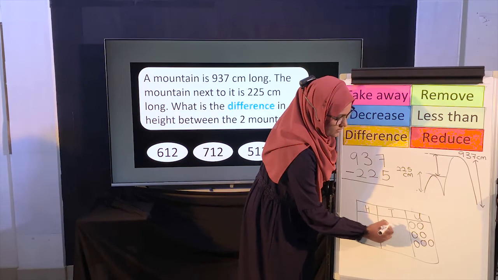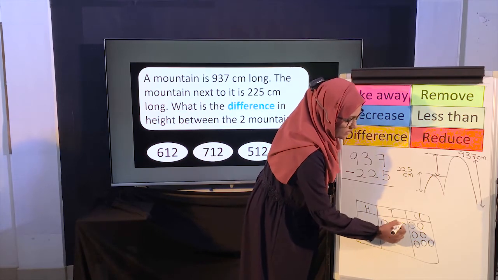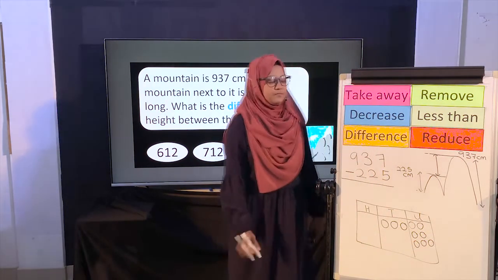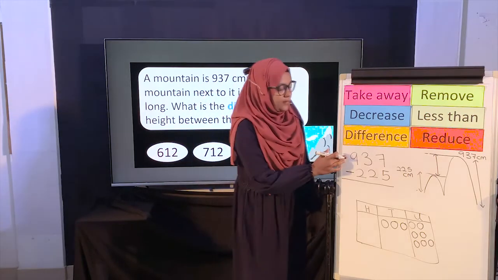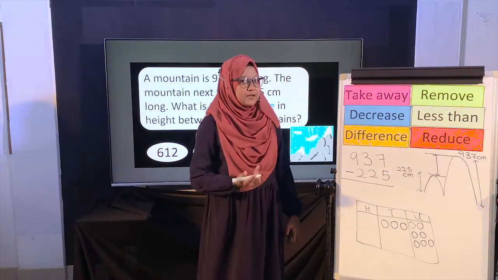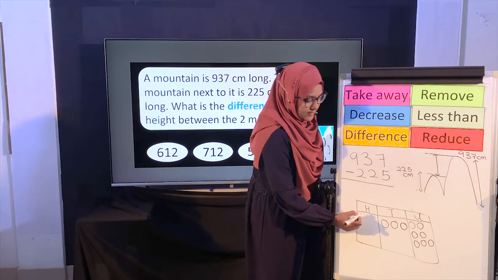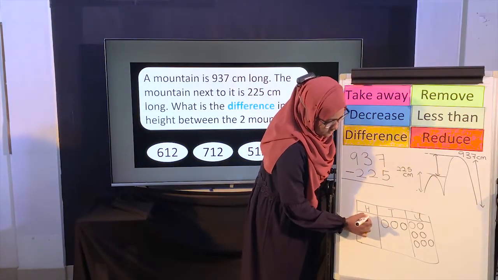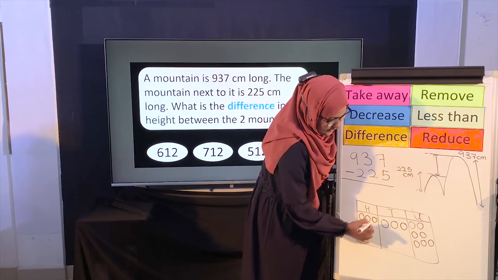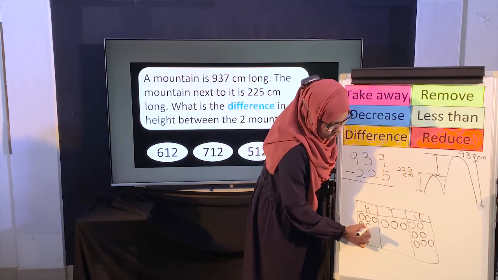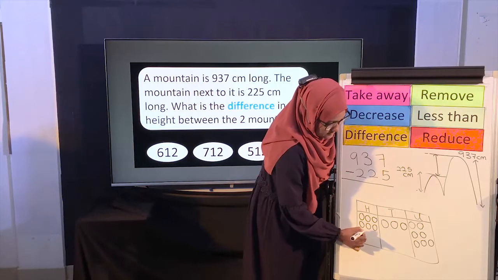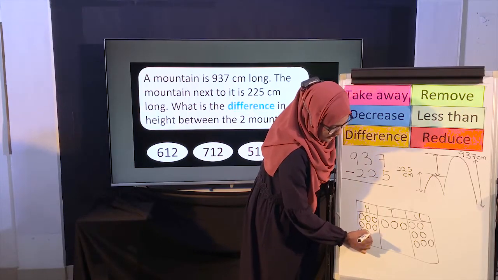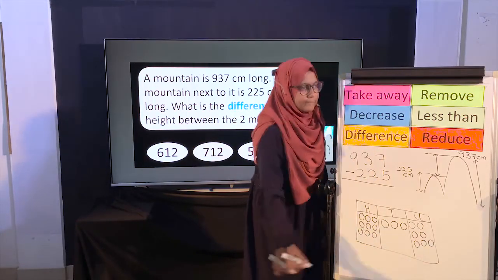Very good. 1, 2 and 3. And next in hundreds we have 9 hundreds. That means 9 circles. 1, 2, 3, 4, 5, 6, 7, 8, 9.